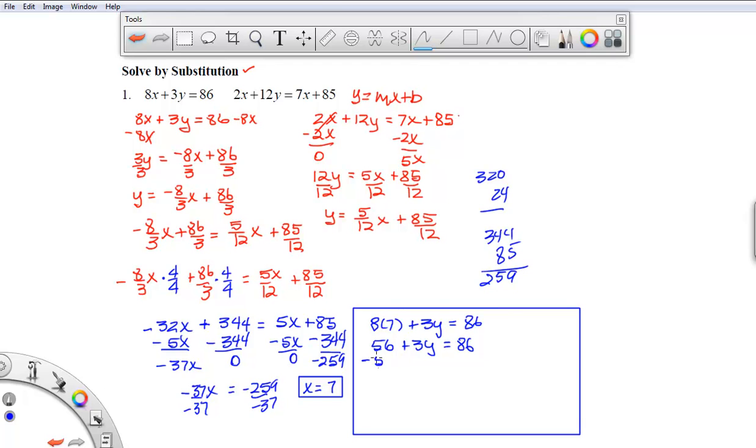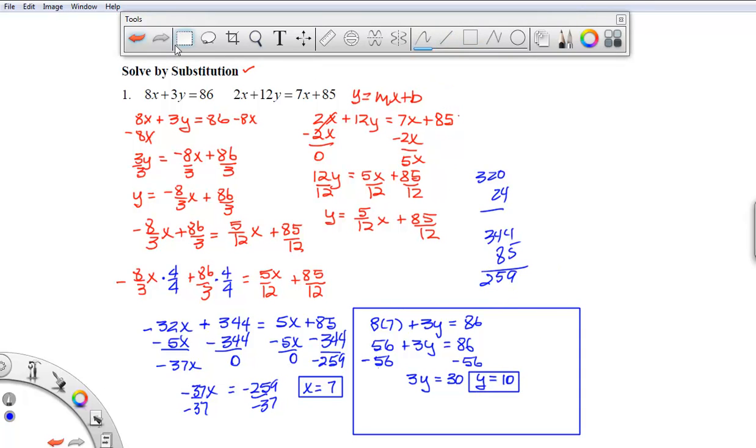So we're going to subtract 56 from each side. So then I get 3y equals 30, so y equals 10. So that is the solution for y.